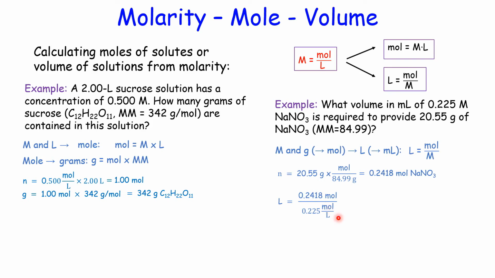You can see moles and moles are cancelled. Then the unit for the final answer should be liters. That's 1.07 liters. So we can convert that further, of course, to milliliters, since milliliters is asked. So therefore 1.07 times 10 to the third milliliters. That's the answer for this question.